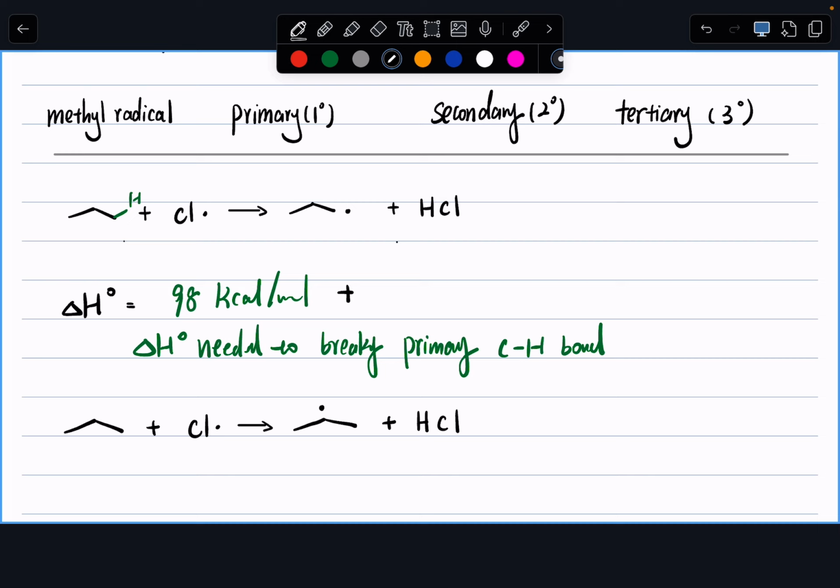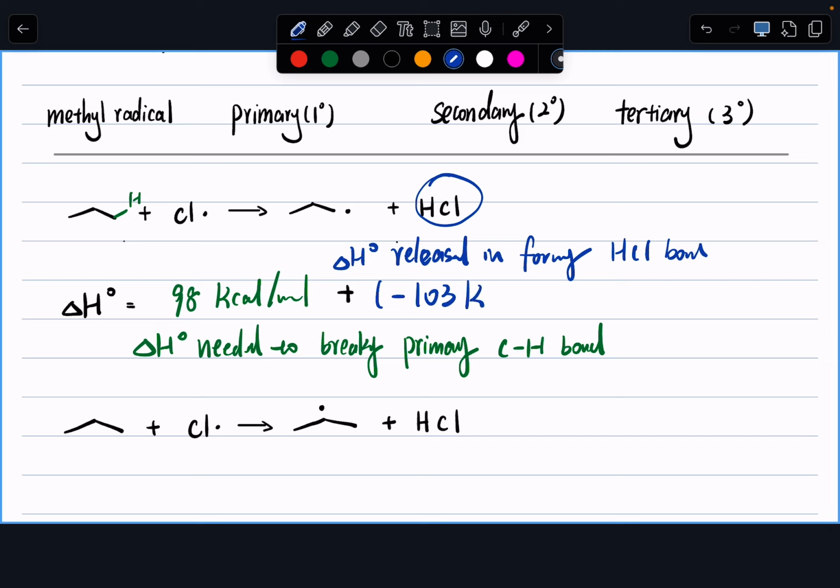And plus the delta H naught released in forming the HCl bond. This is the bond that's newly formed in this reaction, and that's going to be a negative number because we're forming a chemical bond and releasing energy.